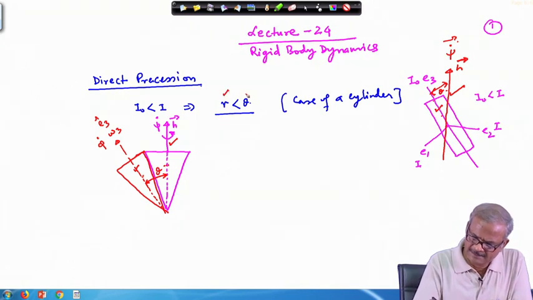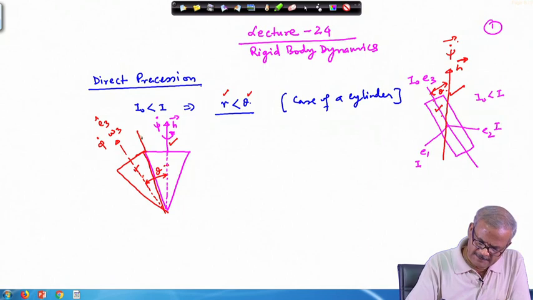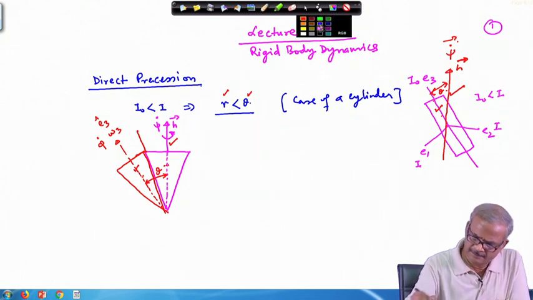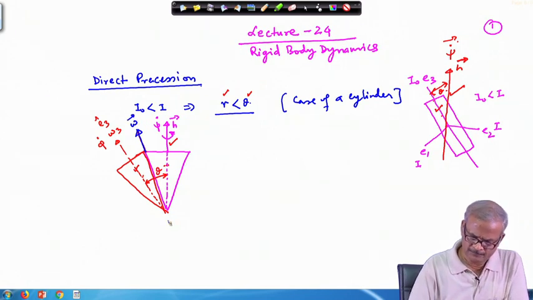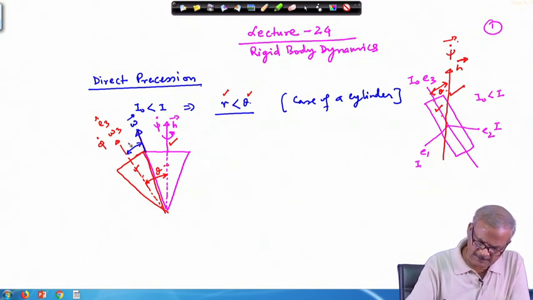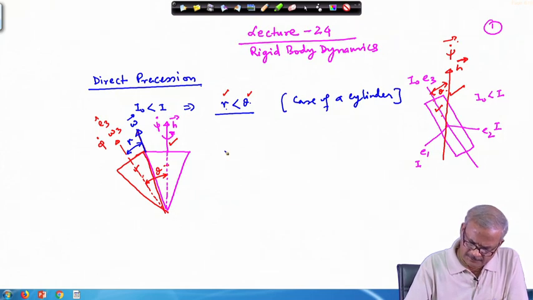The gamma angle is less than the theta value. That means your omega in this case lies along this direction, and this is your gamma angle. Obviously you can see that gamma is less than theta.